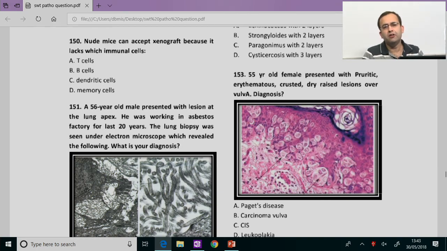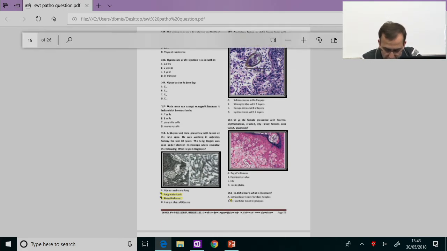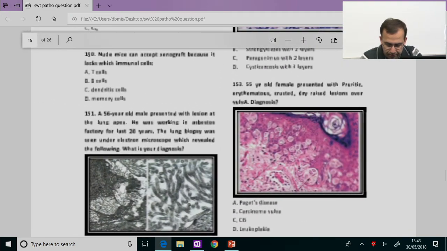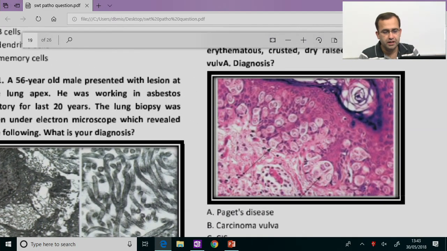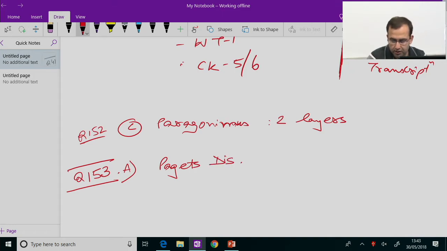All these are the Paget cells. So the diagnosis is Paget's disease. So question 153, the answer is A, that is Paget's disease.